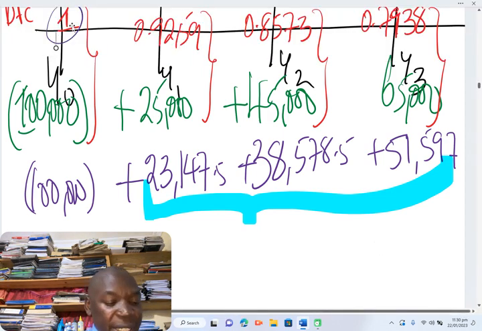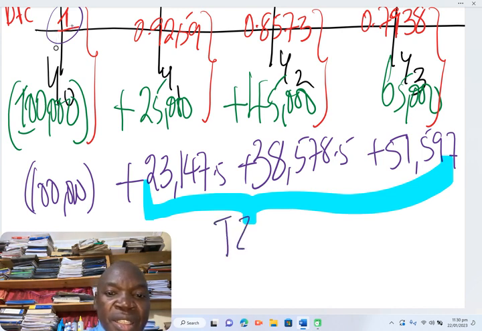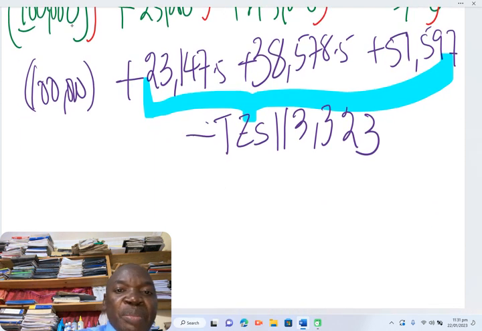So 23,147.5 plus 38,578.5 plus 51,597. The sum is 113,323. Now NPV is positive.